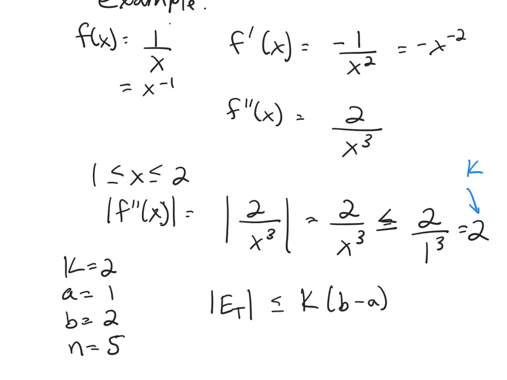Because my goal was to make 2 over x cubed as large as possible. The 2 in the numerator is fixed, so the only thing changing is the denominator. I want to make that number as big as possible, but because I have x in the denominator, I need to make x small. A smaller number in the denominator gives me a larger number overall. So you picked the smaller of the two x's out of the range. Yeah. So the formula was k times (b minus a) cubed over 12n squared.